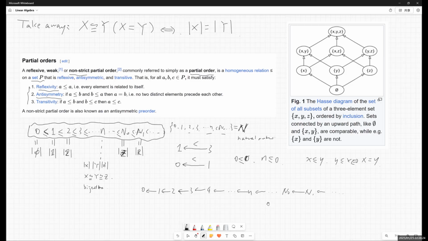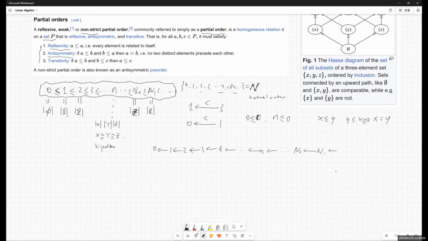So what can we think? Recall that if we have two sets, X and Y, and X is less than or equal to Y, that means there's an injection from X to Y. And if X is greater than or equal to Y, that means there is a surjection from X to Y. Both these two conditions are satisfied.